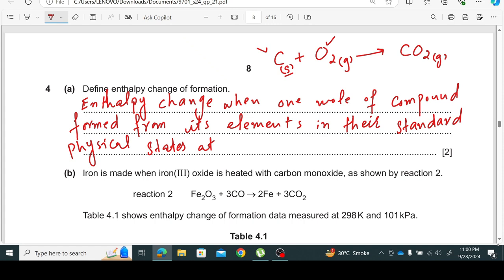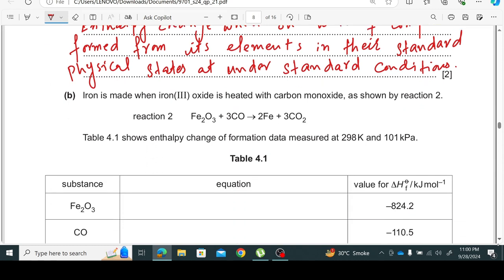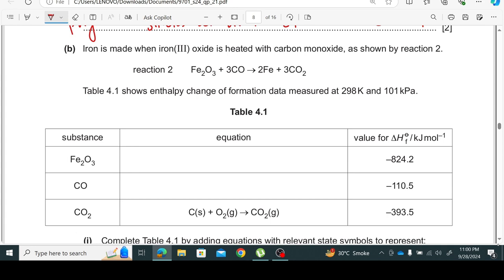At room temperature and pressure, even you can say at standard condition, under standard conditions, okay. So I already told you, you people have to memorize such definitions from your textbook, okay. I will give the link of this textbook in my description, you can download it from here.